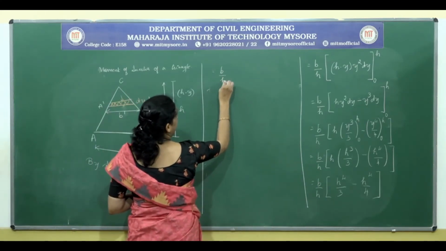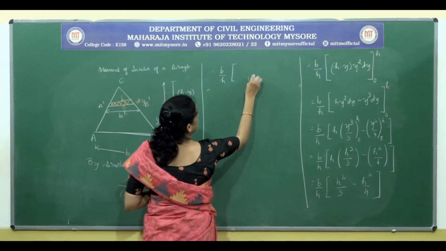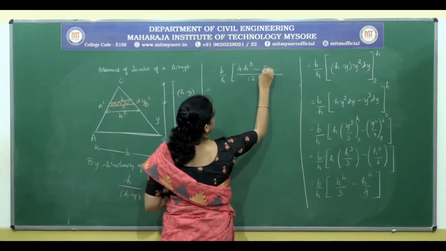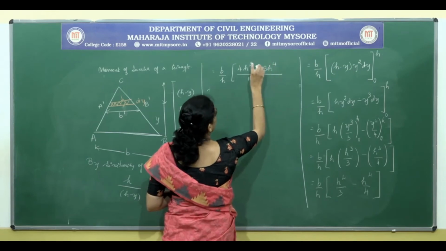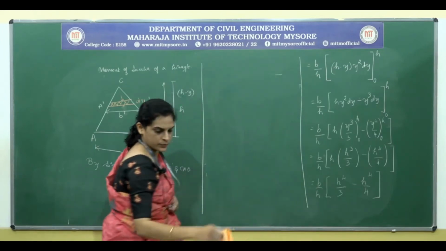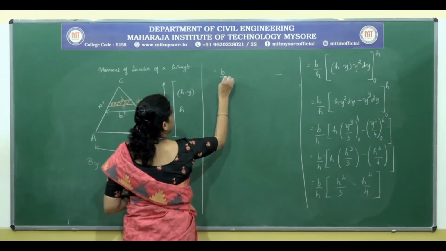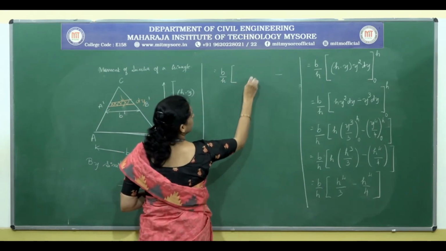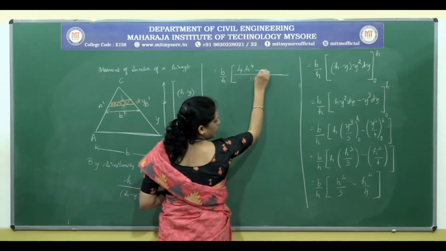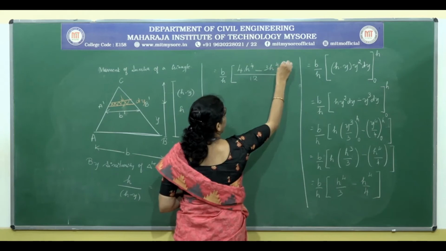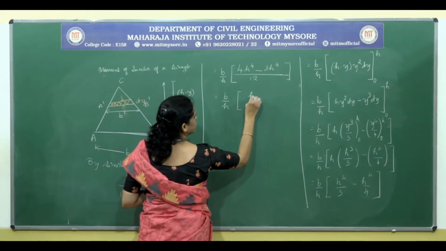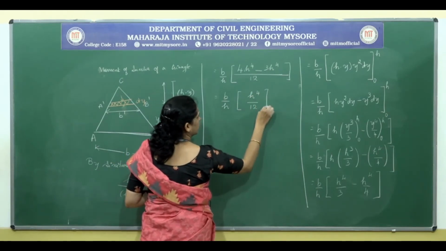Further, B by h into 4h to the power of 4 minus 3h to the power of 4, which will be h to the power of 4 by 12.